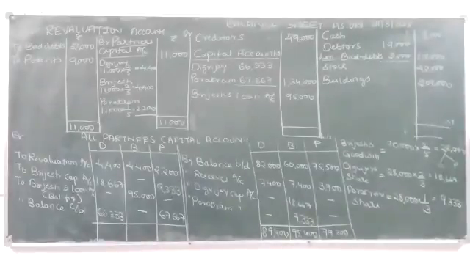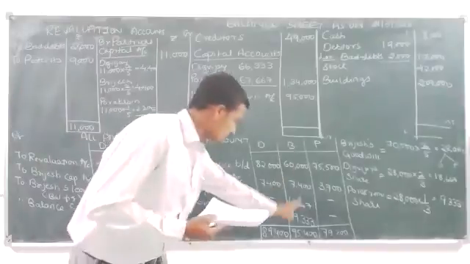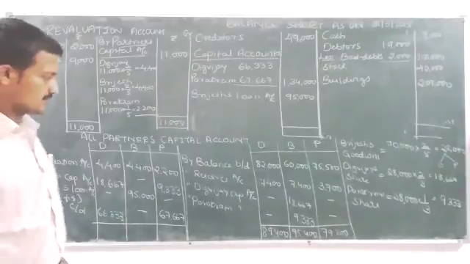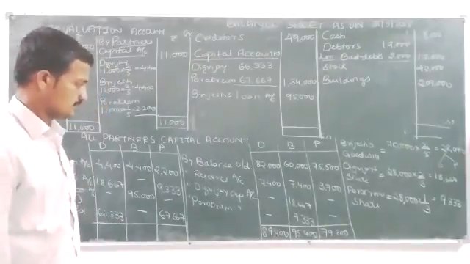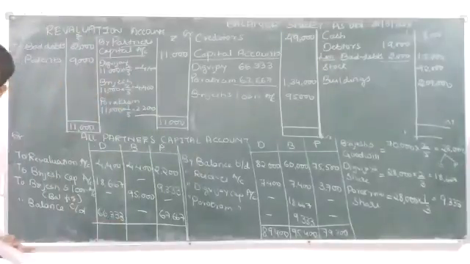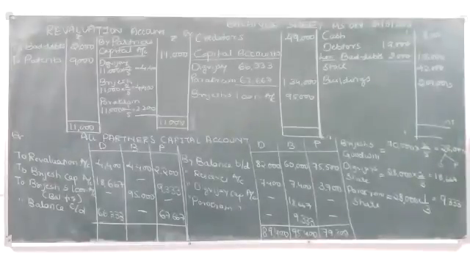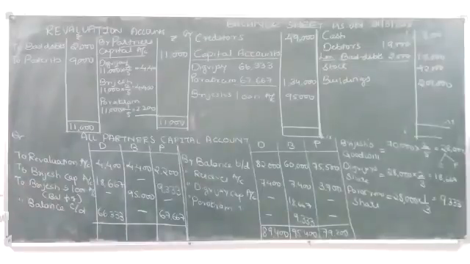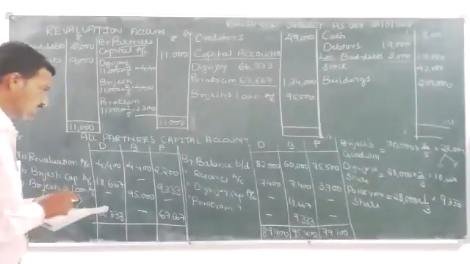I have taken the loss on revaluation. Just check once the total of this, because I doubt whether I have made a mistake there. 67,400 plus 18,667 plus 9,333, that is 95,400.